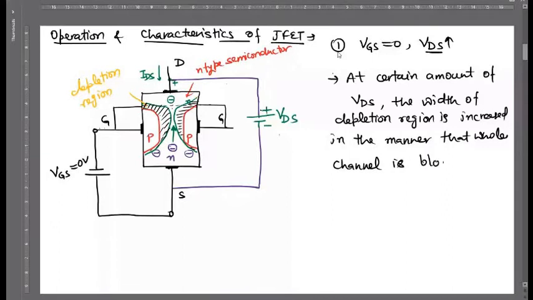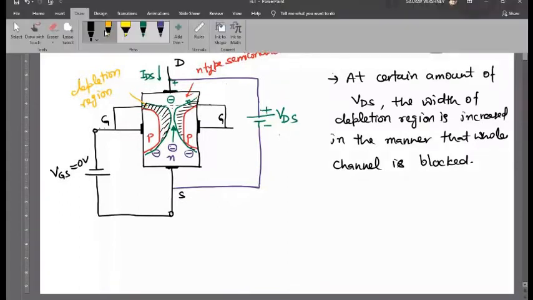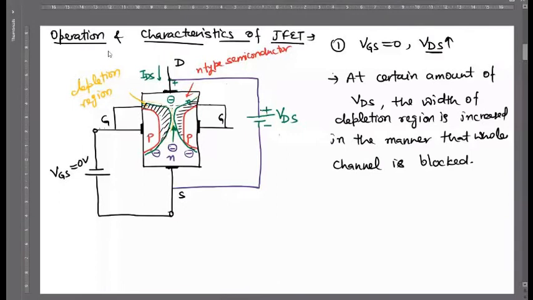So if we keep increasing this VDS, at a particular limit this channel will be perfectly closed. This depletion region will close the whole channel. If the channel is fully covered by the depletion region, in that case no electron will be passing from source to drain.